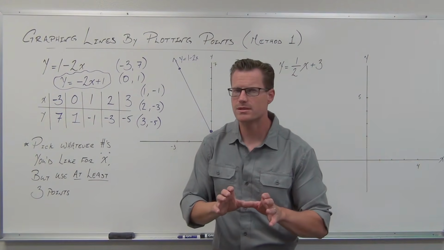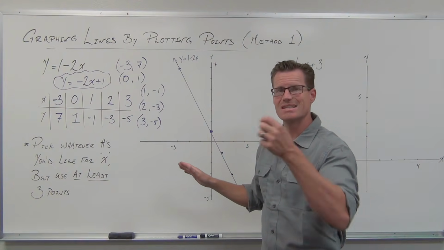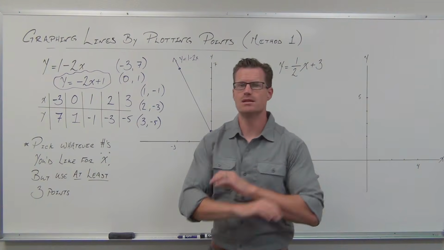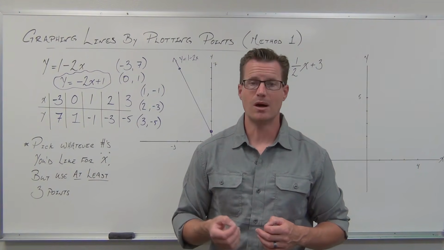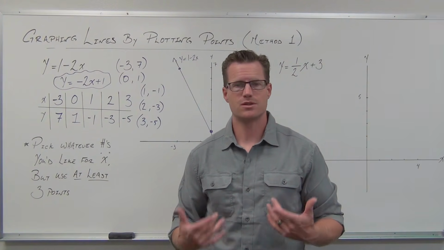So plug in 0 for x, and you're getting something on the y-axis. The constant is the only value left. So 0, comma, that constant is always your y-intercept. That's what's so valuable about solving for y.